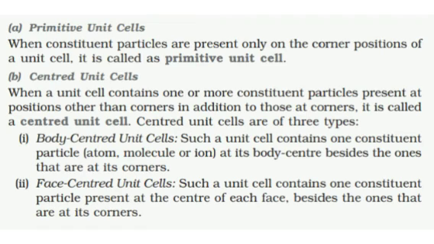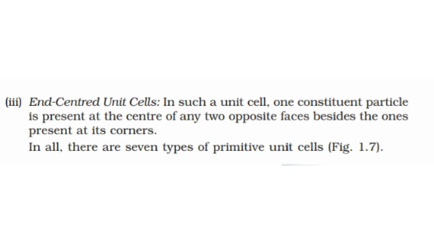Body-centered unit cells. Such a unit cell contains one constituent particle, atom, molecule, or ion at its body center besides the ones that are at its corners. Face-centered unit cells. Such a unit cell contains one constituent particle present at the center of each face besides the ones that are at its corners.